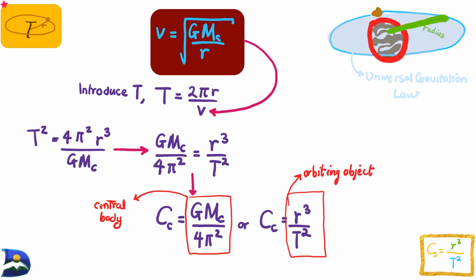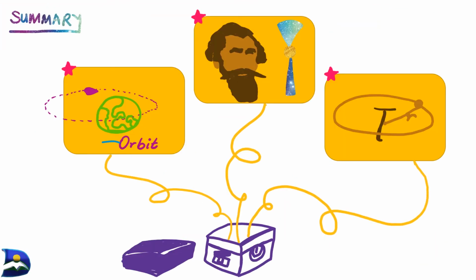Therefore, in summary, we are able to determine the shape of the orbit, which is an ellipse. And then the second part here, we're able to determine how fast or how slow the path of the orbiting object is relative to the central body.